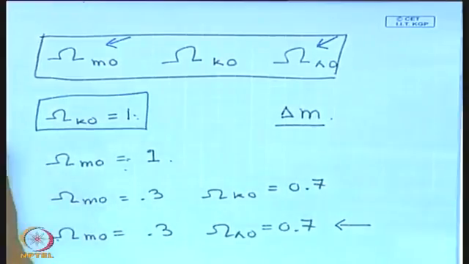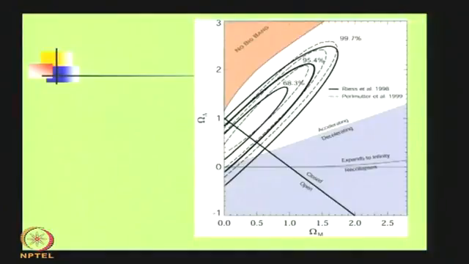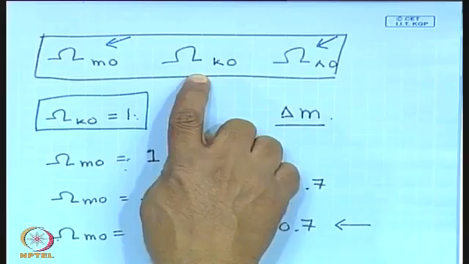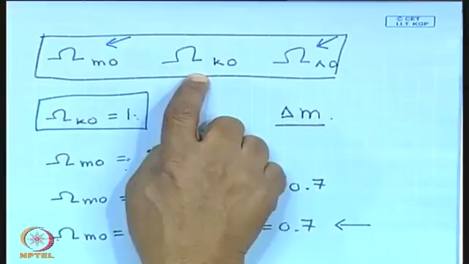If you go below this line, you are in a model which is open. If you go below the solid line in this diagram, you are in a model which is open, so omega curvature naught will be positive.